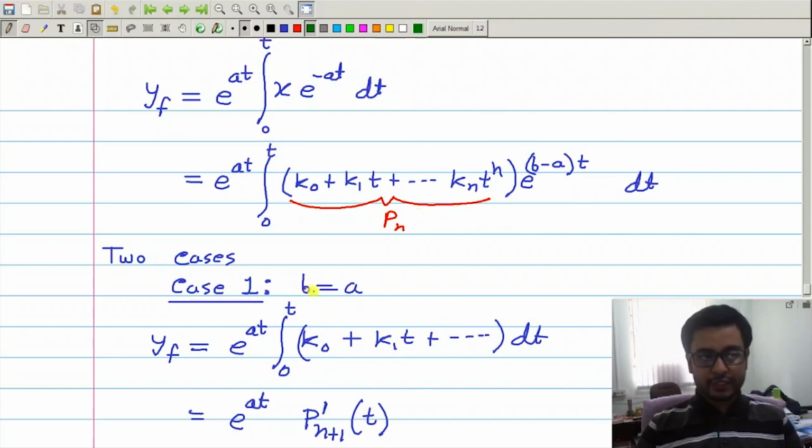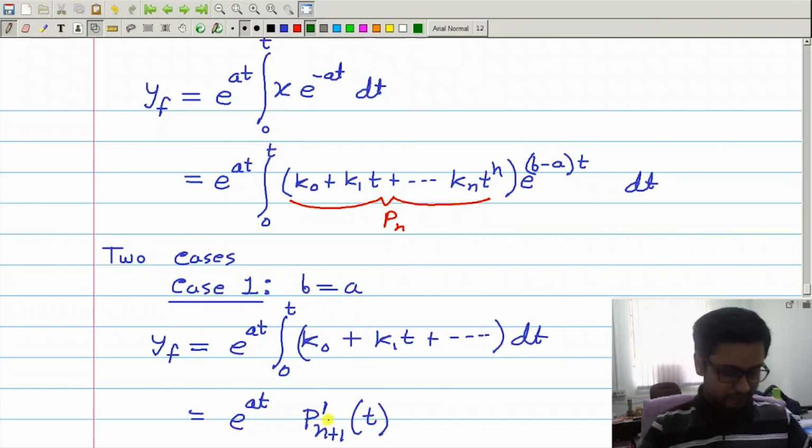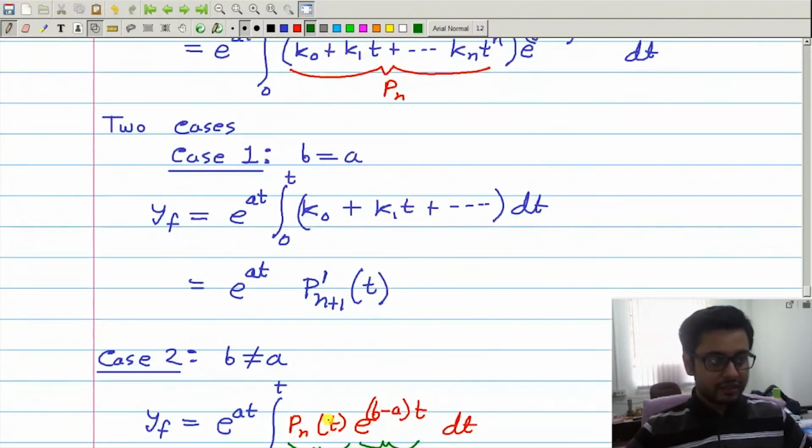In one case, if b is equal to a, then the final solution will be like this: e to the power at multiplied by an n plus 1th degree polynomial.